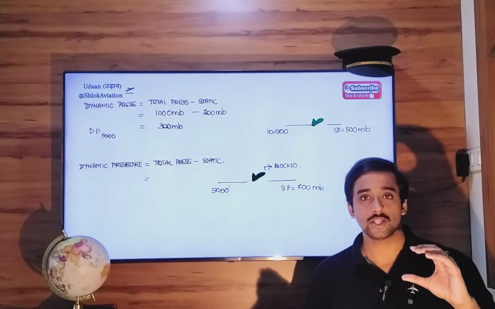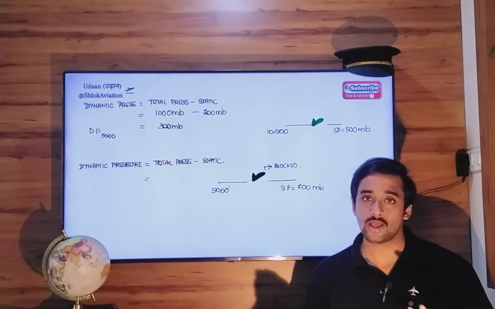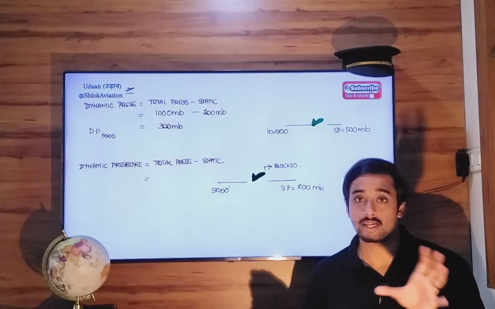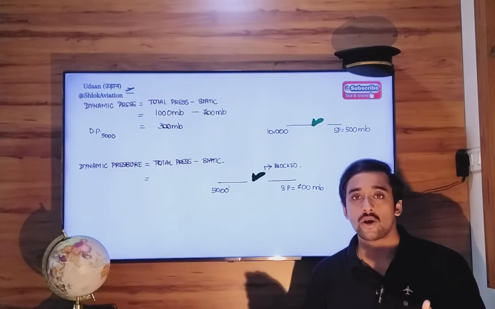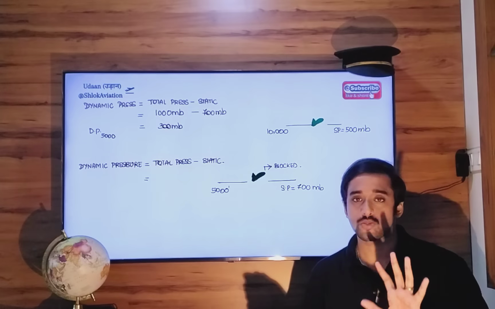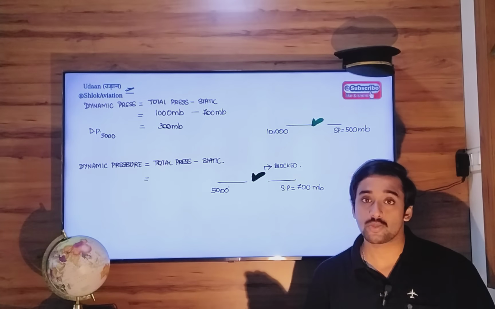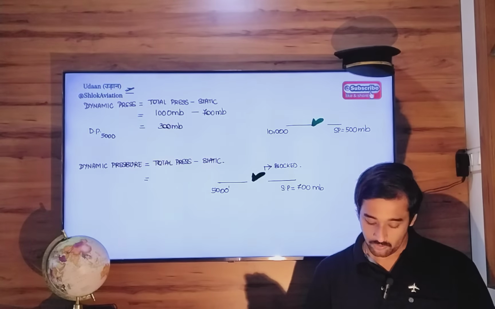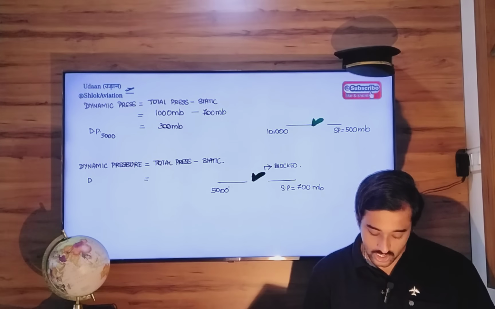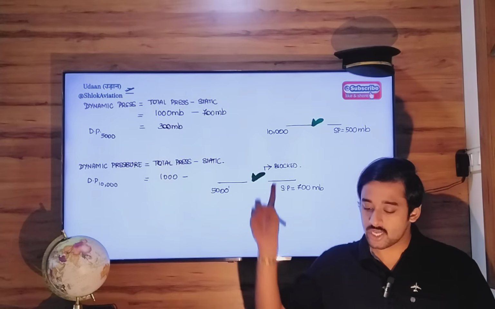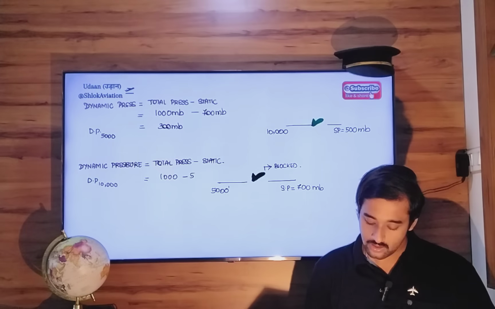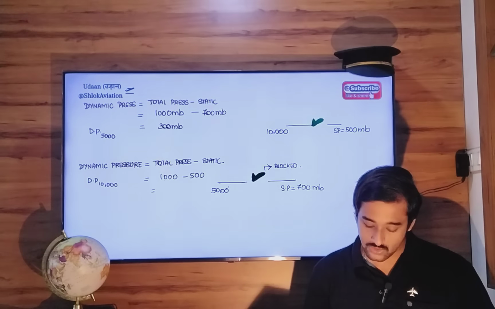Whatever static pressure was at 5000 feet at the time of blockage will remain trapped in the instrument, and your instrument will make all the calculations only with respect to that. So at 10,000 feet, your dynamic pressure should be how much? Total pressure is, let's say, 1000. Static pressure at 10,000 is 500. So it becomes 1000 minus 500, 500 millibar.